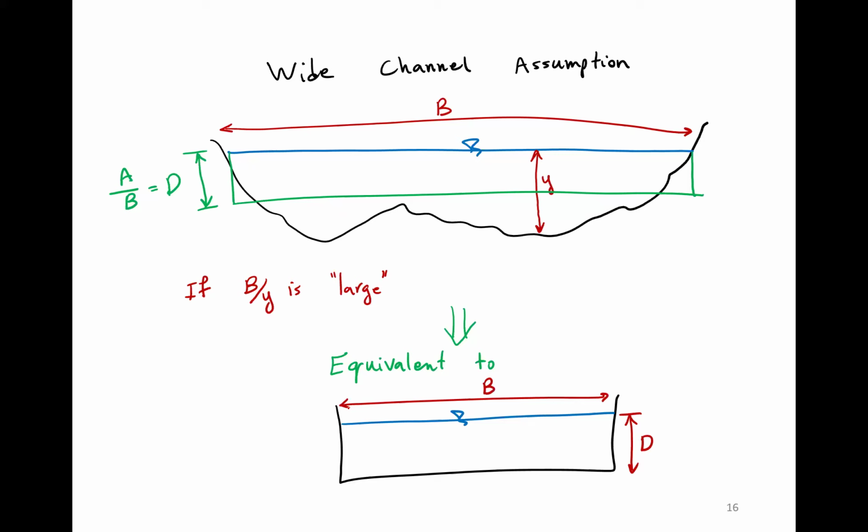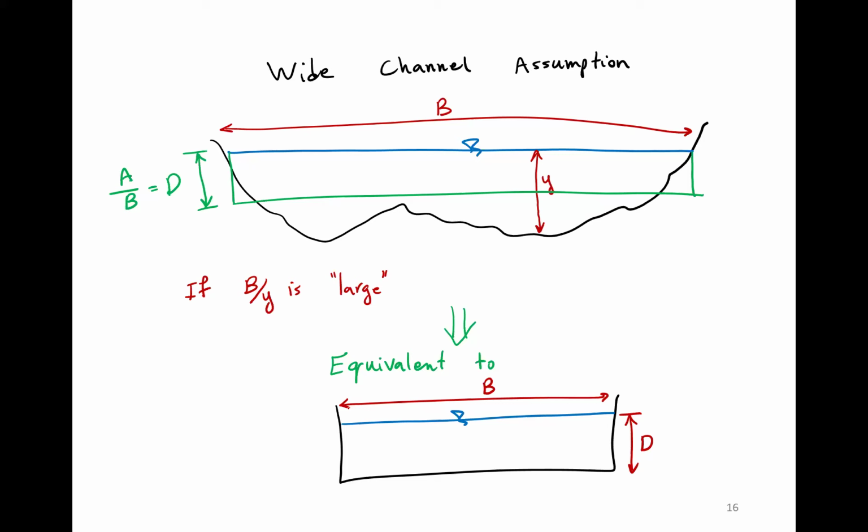So what's happening here? First of all, it's an assumption. We're making some assumptions to make things simpler and easier to deal with. We're saying if you have an irregular channel, but the channel is wide, and luckily, many natural channels are like that, the effect of the side channel and that slope on the side is not going to impact the entire flow field. So I can assume it's rectangular, but what depth?